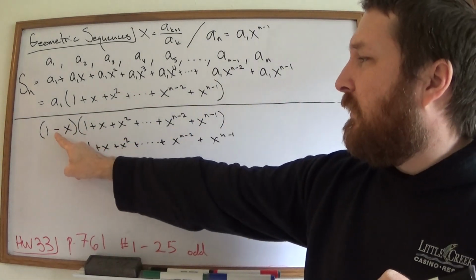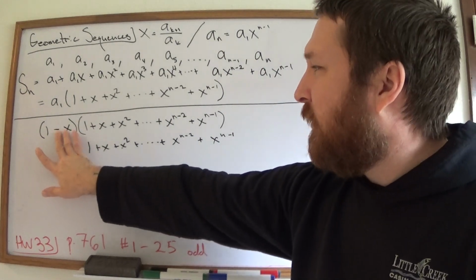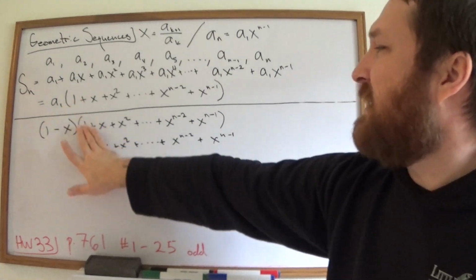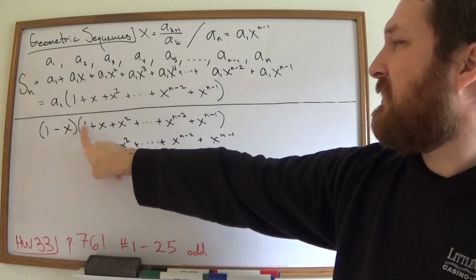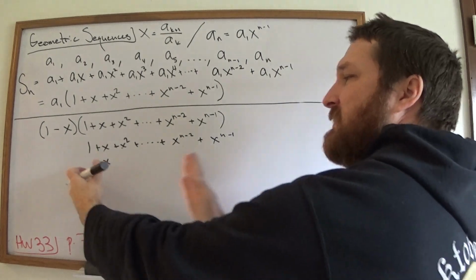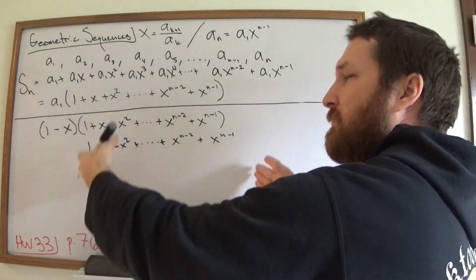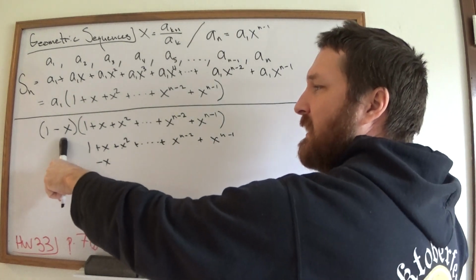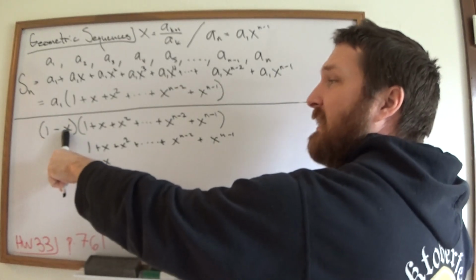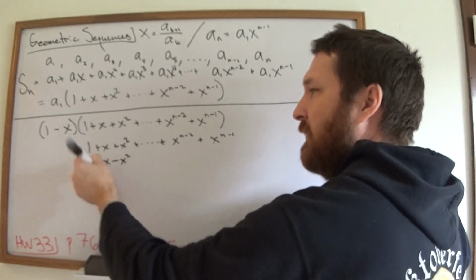Now I do it with the other one. I take negative x, multiply him through. I'm going to distribute him into each one of these. Negative x times 1 gives me negative x. Notice I've offset this a little bit, so that I could go ahead and group the like terms better. Negative x times positive x gives me a negative x squared.